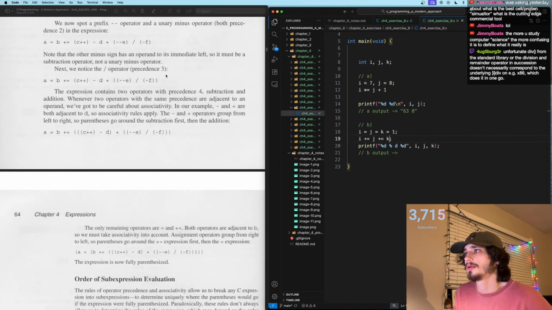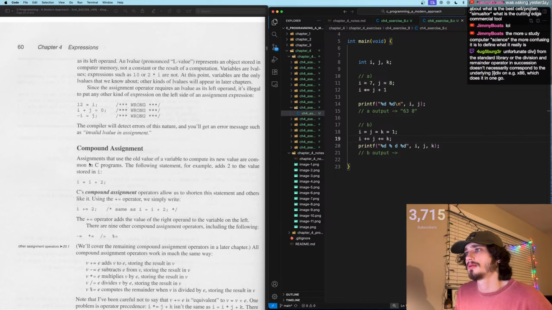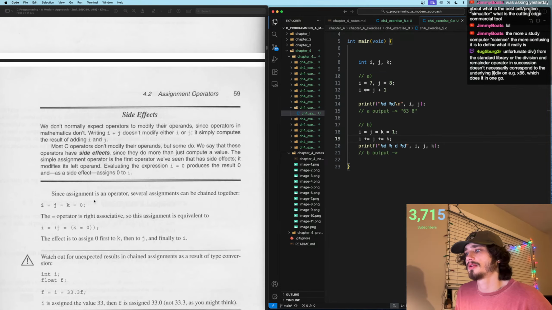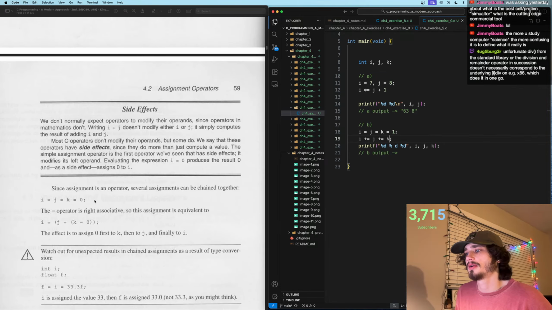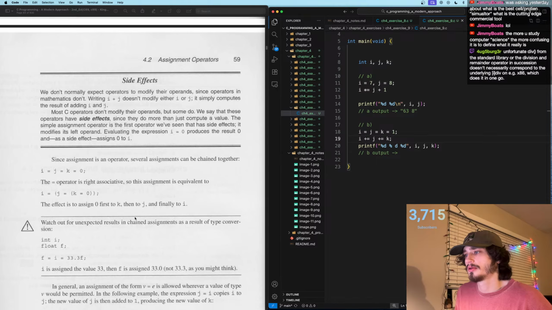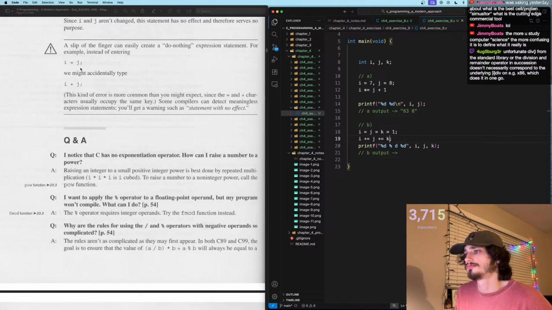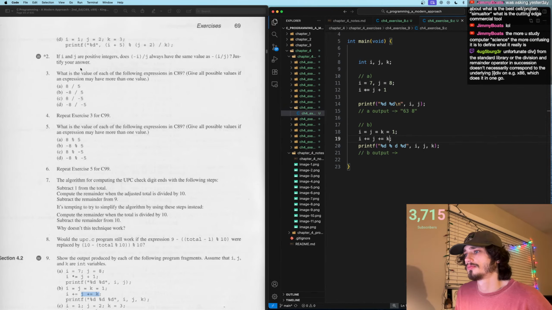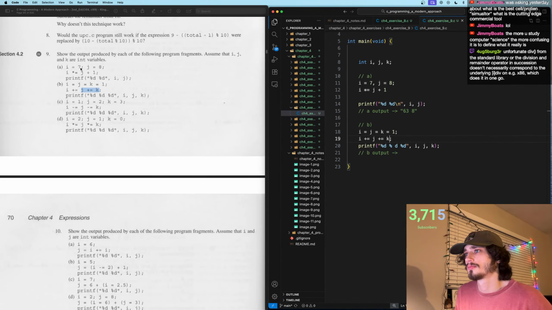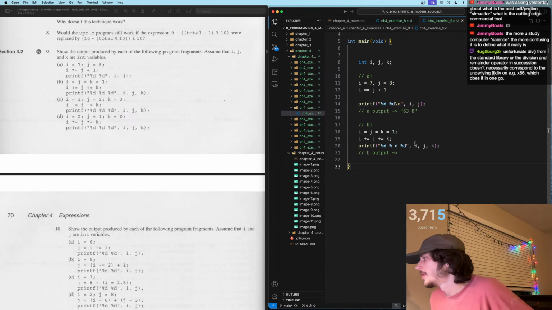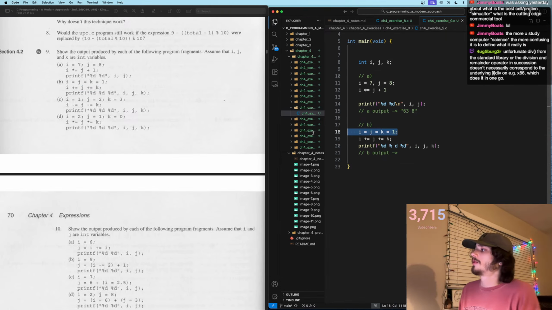Yeah, so you would just associate right. Then if you assign them equal to one another here, okay, so they would all get a value of 1.